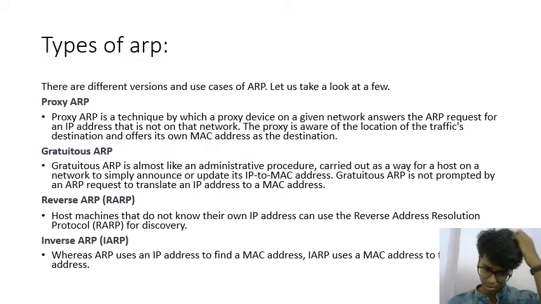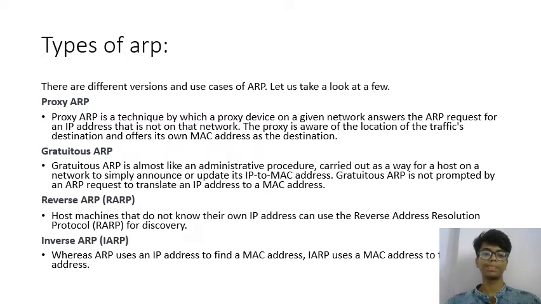Gratuitous ARP is almost like an administrative procedure carried out as a way for a host on a network to simply announce or update its IP to MAC addresses. Gratuitous ARP is not prompted by an ARP request to translate an IP address to a MAC address.